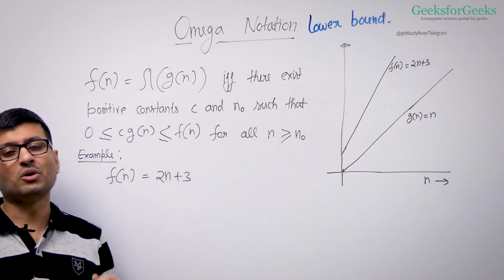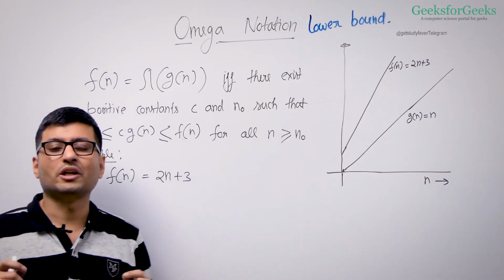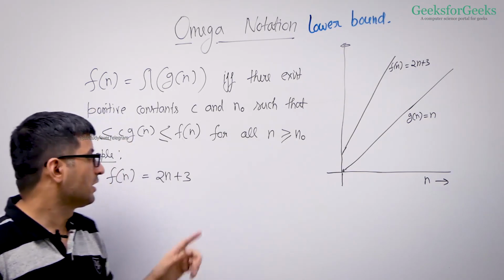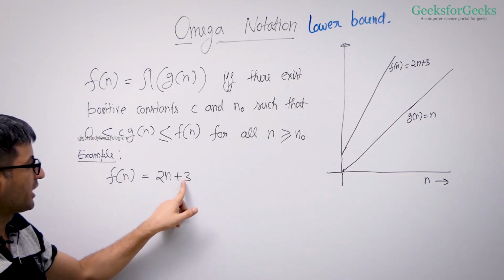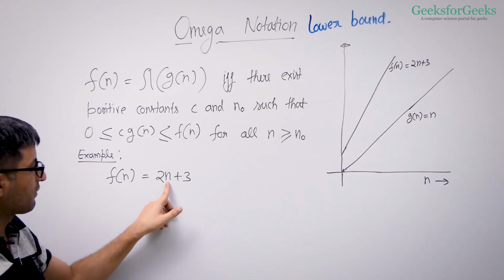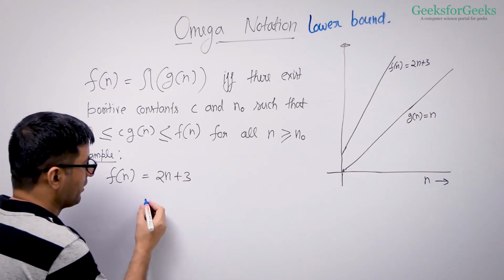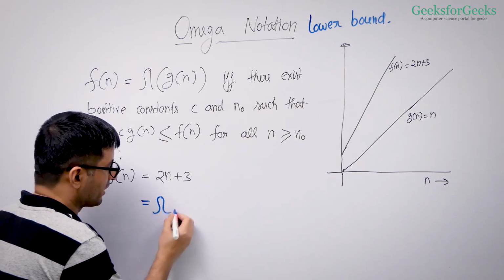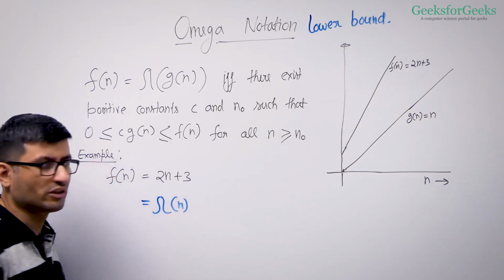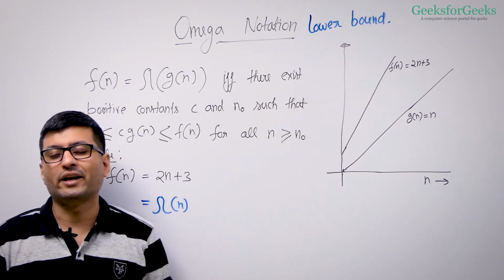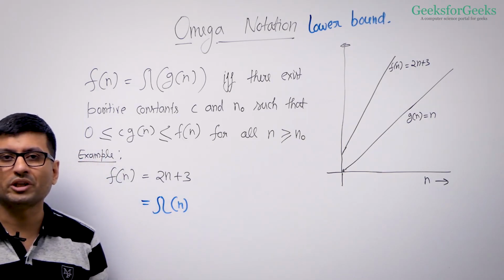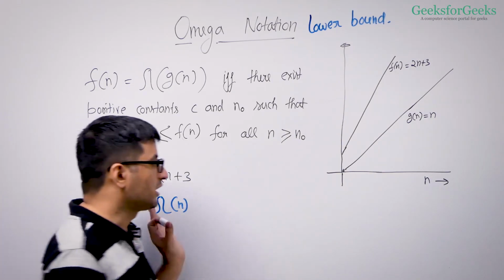So you can put the same order of growth in big omega notation. If I ignore the lower order terms, I can ignore the 3, I can ignore the 2, and I find the order of growth as n. So I can put that in omega. Right? That's a shortcut to find the order of growth, and the exact order of growth can be put in omega notation.